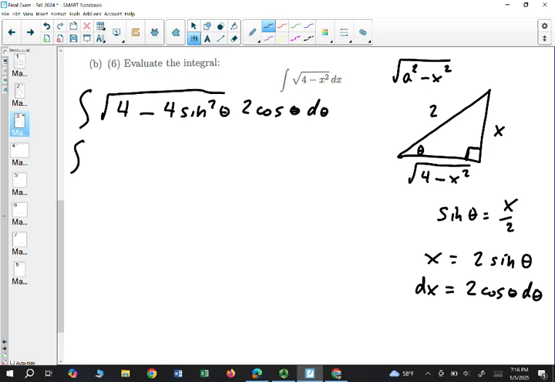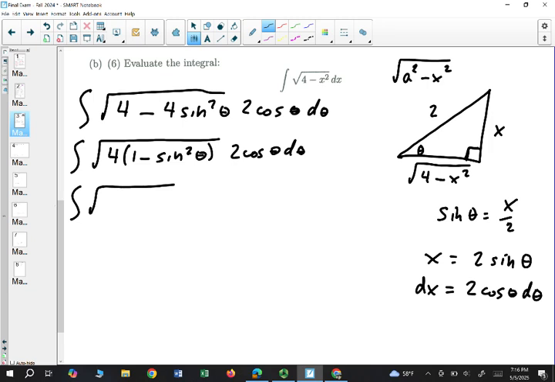Okay, so now we're going to try to maneuver a little bit. Inside the square root, I'm going to set aside the 4. So I have left 1 minus sine squared, which we all know turns into cosine squared theta.